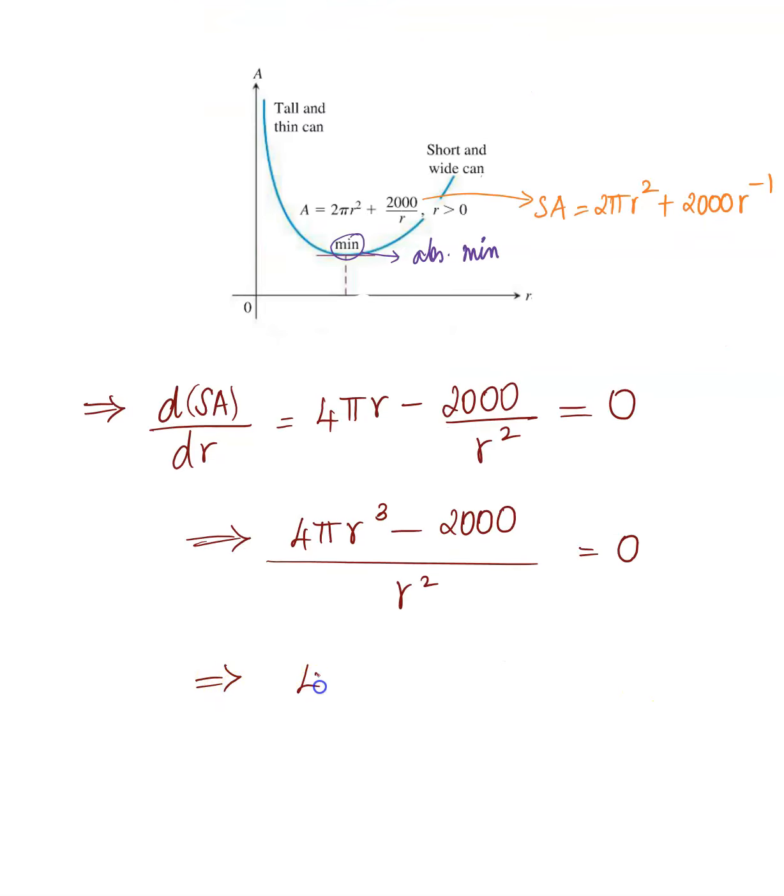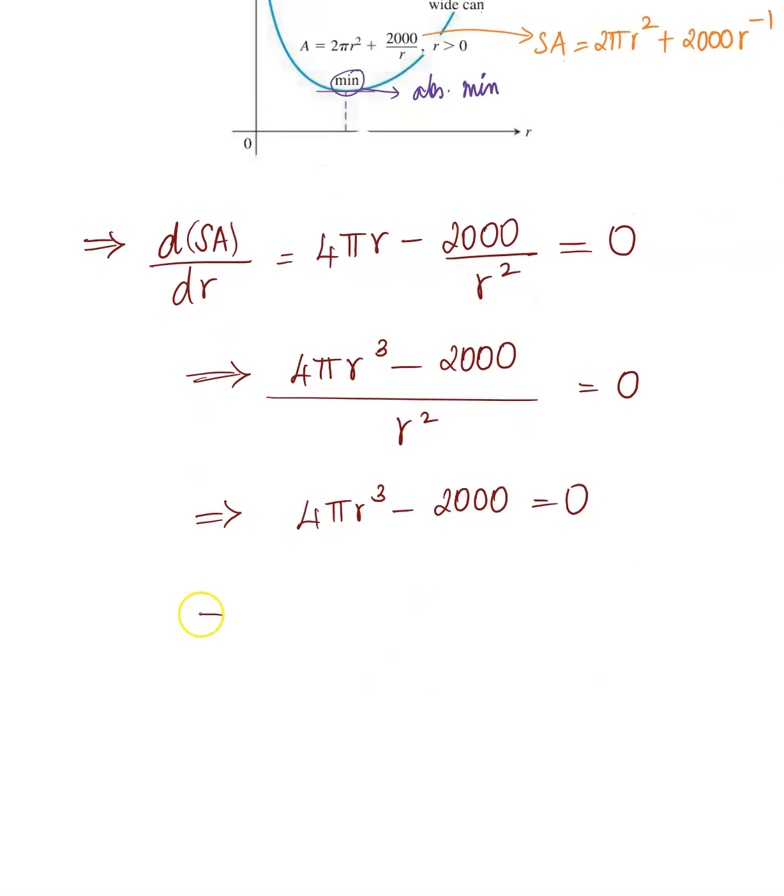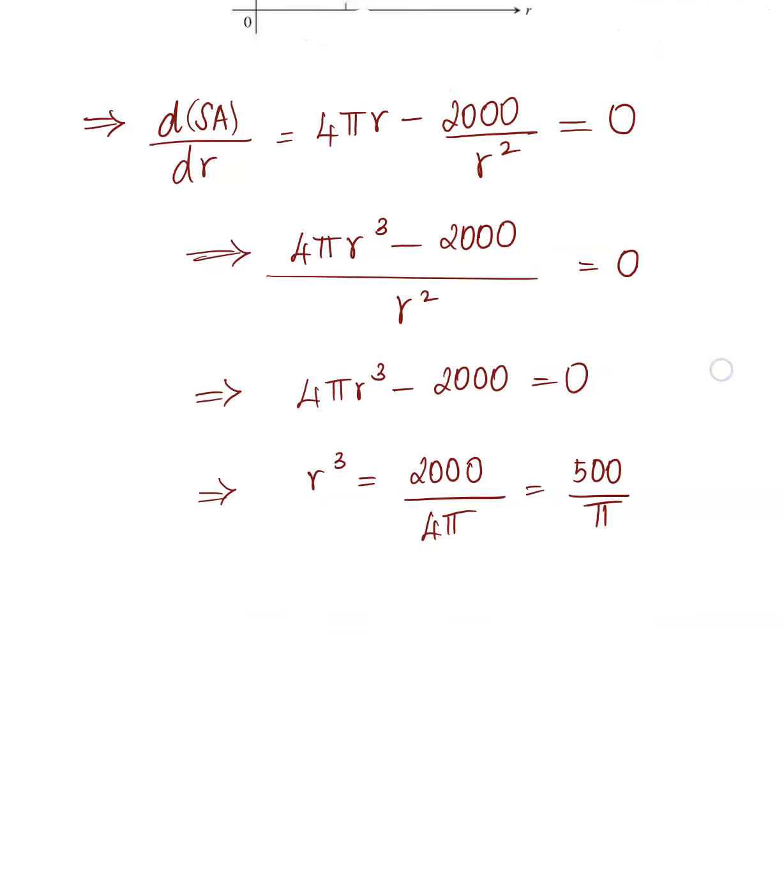So clean this up, so we get 4 pi r cubed minus 2000 equals 0. r cubed will be 2000 over 4 pi, just 500 over pi.